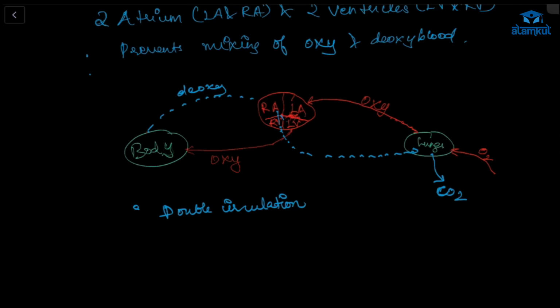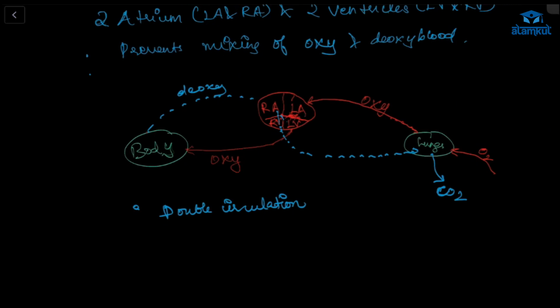So the deoxygenated blood after that will go into the right atrium, and from there it will go to the right ventricle, and the right ventricle will pump the deoxygenated blood back into the lungs.